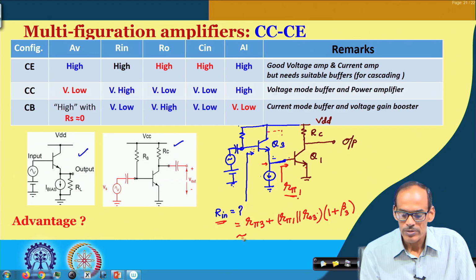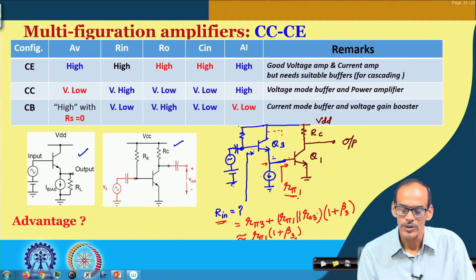You can approximate this as R pi 1 multiplied by 1 plus beta 3.